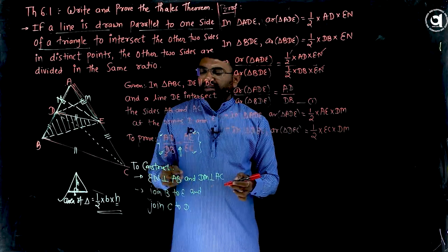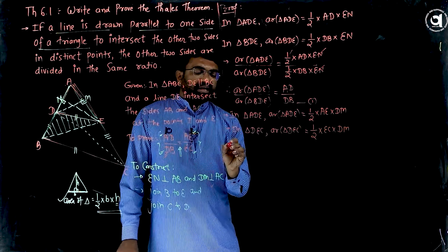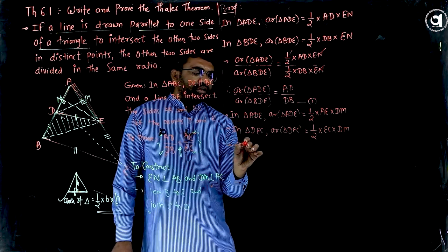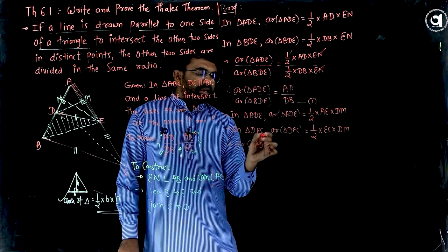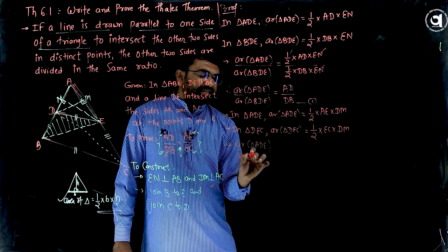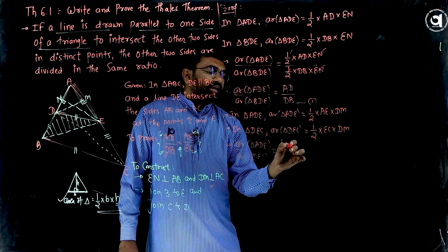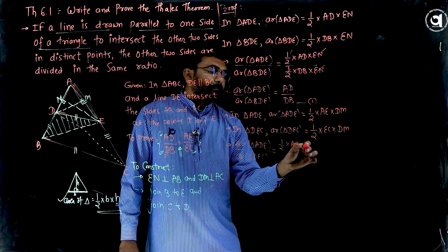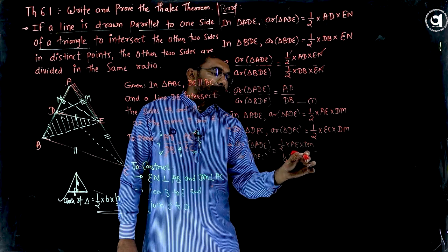Now, as we need to prove the AE by EC ratio, we again take the ratio of these two triangles' areas: area of triangle ADE upon area of triangle DEC. So here 1/2 into AE into DM upon 1/2 into EC into DM.